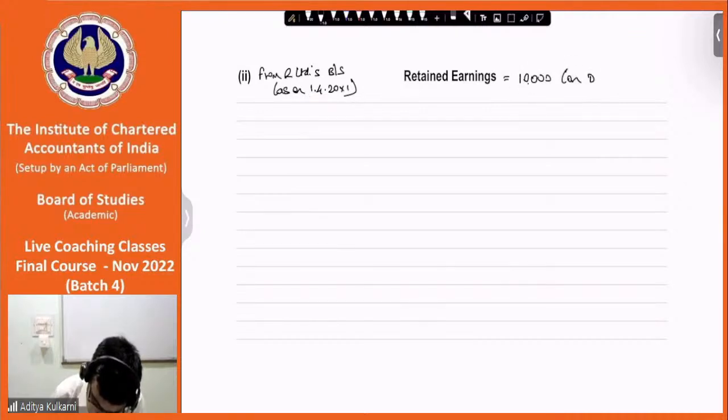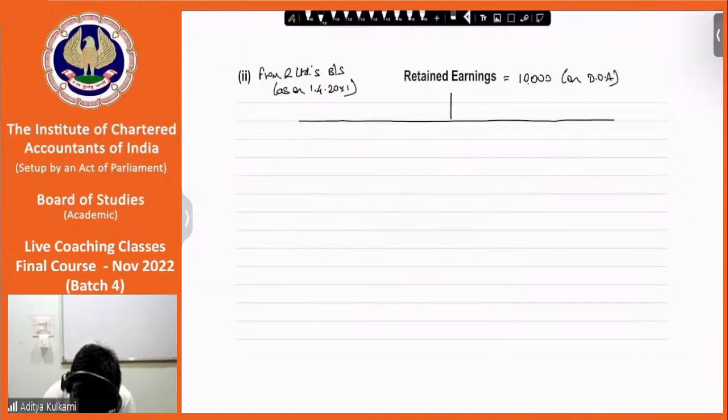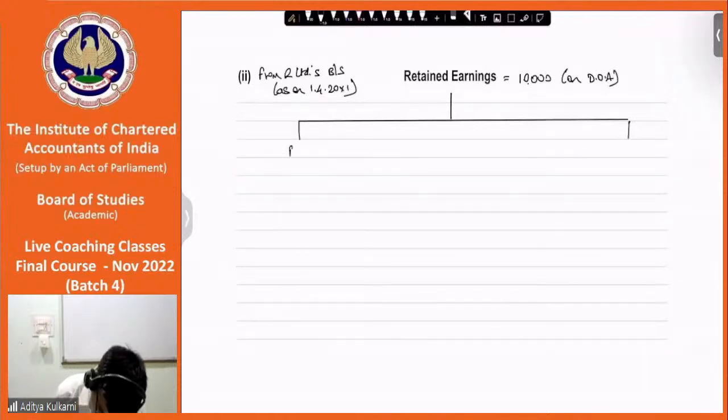This is on the date of acquisition. So as usual, do the split. Pre, post. Obviously, post is 0. Entire balance is pre.